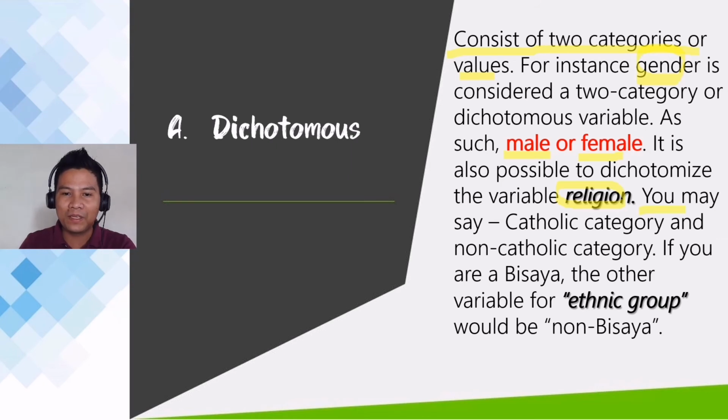How? You may say Catholic category, and the other category will be non-Catholic category. Also, if you are a Bisaya, the other category for ethnic group is non-Bisaya. So there are two. So we have just dichotomized it. So dichotomous consists of two categories.